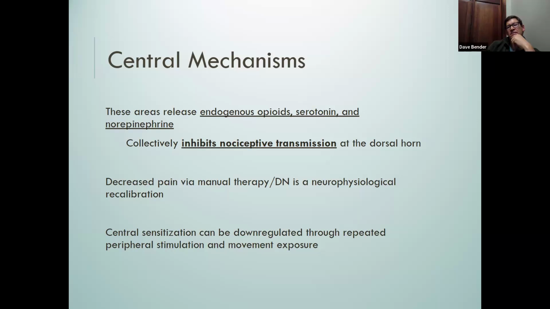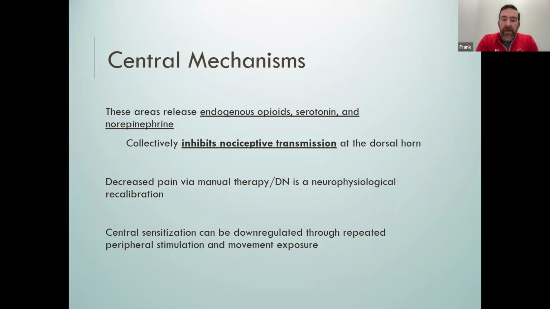So again, this kind of sums up these areas. The central areas release those opioids, the serotonin, and norepinephrine, which together inhibit nociceptive transmission at the dorsal horn. So that's that descending inhibition. Can we take that dorsal horn that has had some plasticity because of chronic and persistent pain and help decrease that nociceptive transmission?